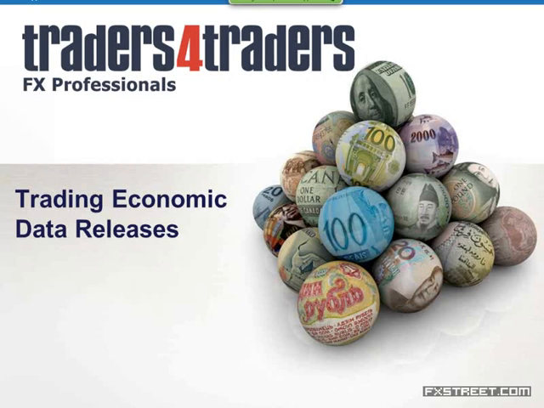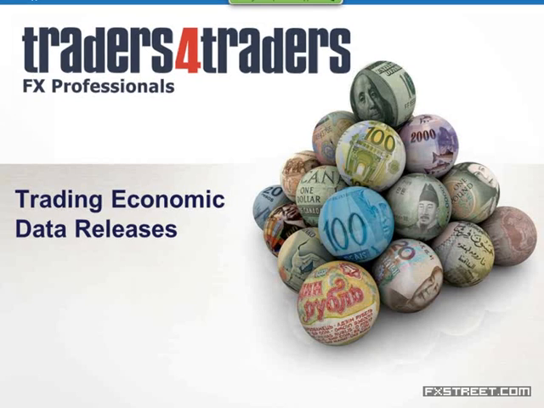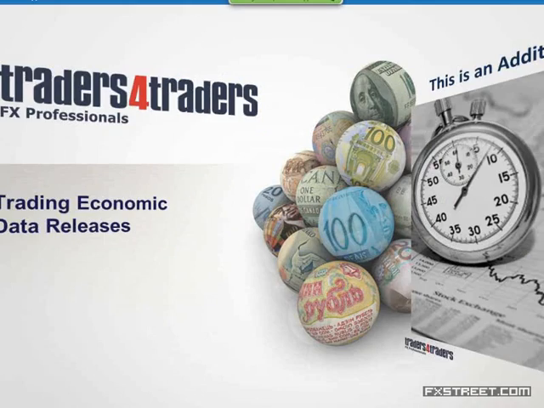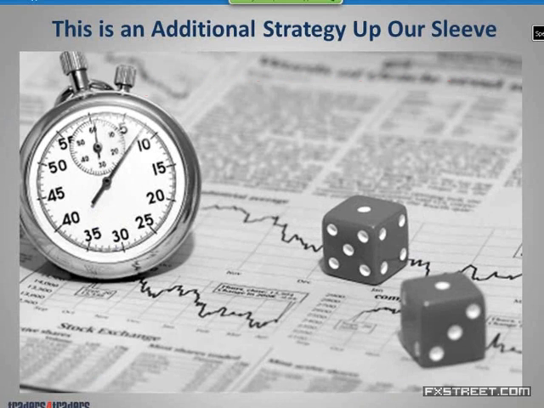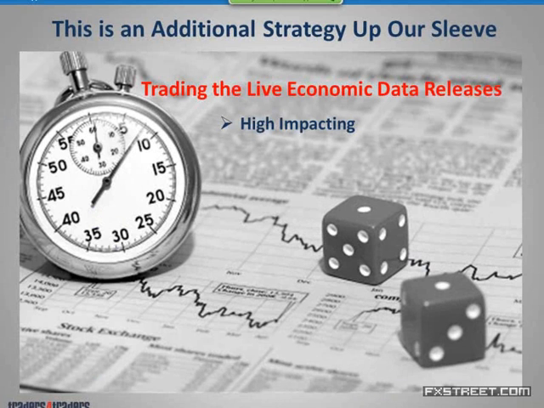Now, where you can really take this to another level with efficient trade execution is actually trading the economic data releases themselves. This is an additional strategy you can have up your sleeve if you know how to execute clinically, fast, precise, without hesitation.